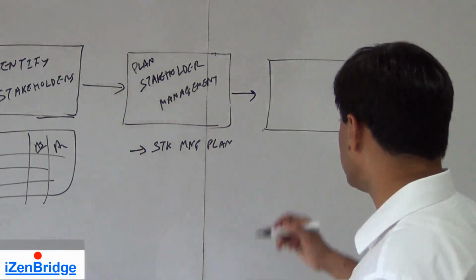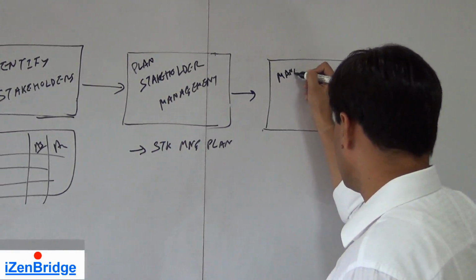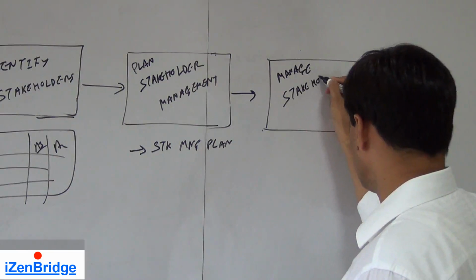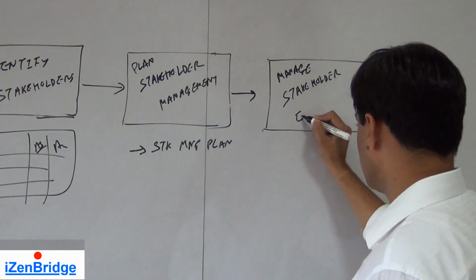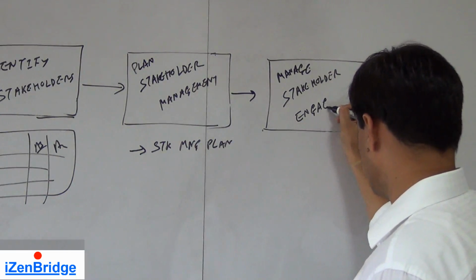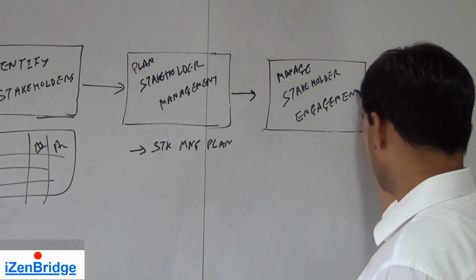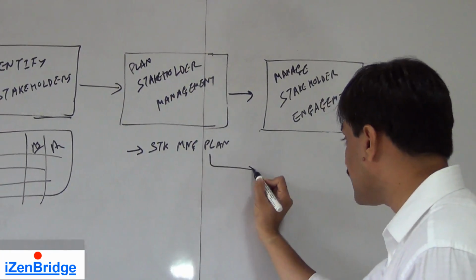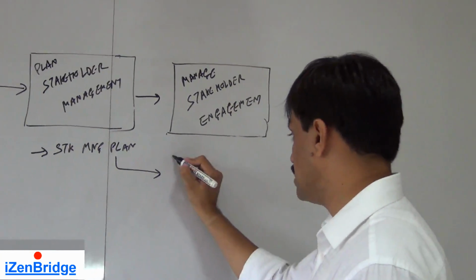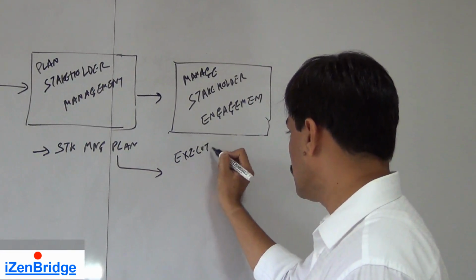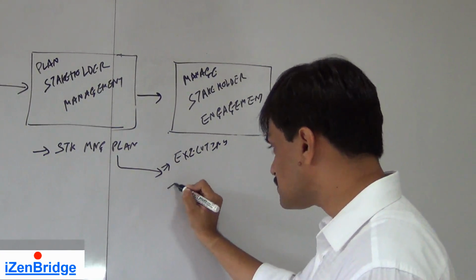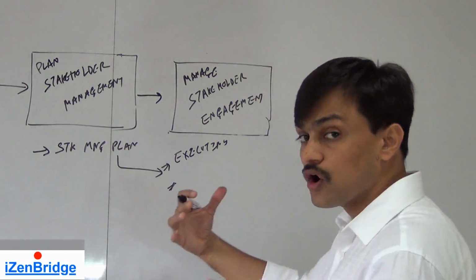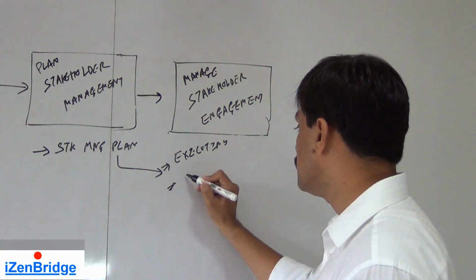So manage stakeholder engagement is a process which helps us in executing the action items identified in the stakeholder management plan. Executing the steps, the activities we want to perform in order to get collaboration or cooperation from stakeholders.